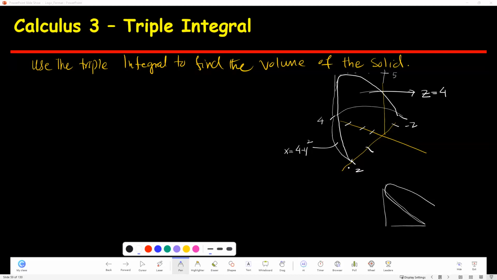And the bottom plane, the bottom of this face, is z equals 0, because z is going to be 0 on the ground, on the floor. Okay, we need to set up something and solve it.